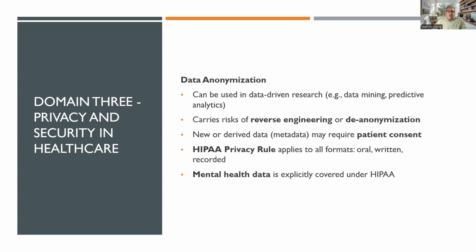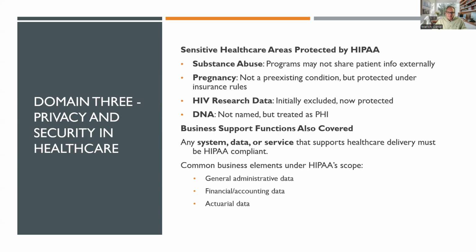Data anonymization, right? Data can be used in data-driven research. So this has to be used very carefully because of the risk of reverse engineering or de-anonymization. So be familiar with that. And mental health data is explicitly covered under HIPAA as something that must be protected. That includes substance abuse and pregnancy.